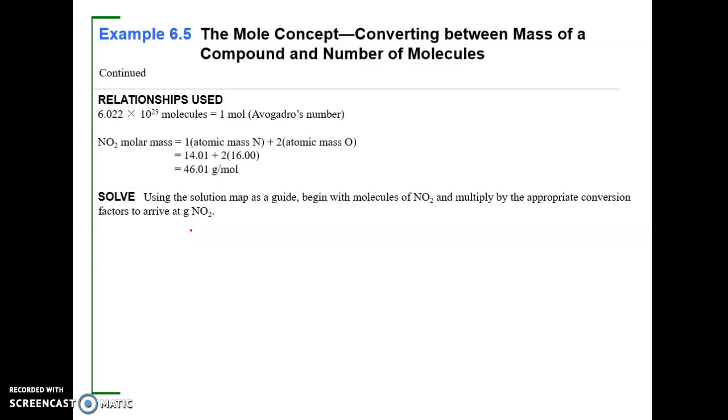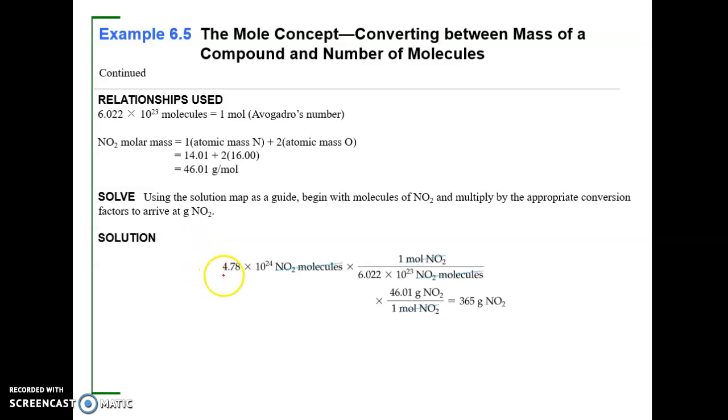All right, so starting with what we were given, 4.78 times 10 to the 24 NO2 molecules. We're going to use Avogadro's number, 6.022 times 10 to the 23rd NO2 molecules, and convert that into moles. Okay, so our molecules cancel. Now that we're in moles of NO2, we can use the molar mass of NO2 to get into grams.